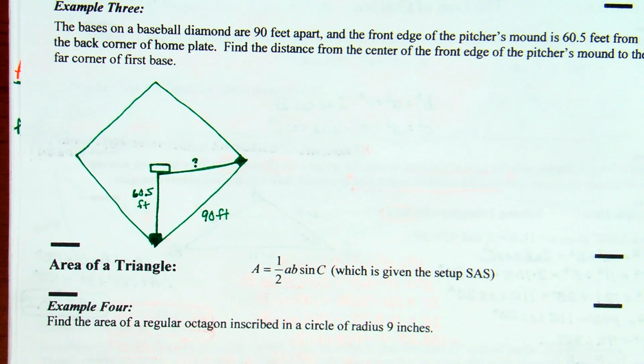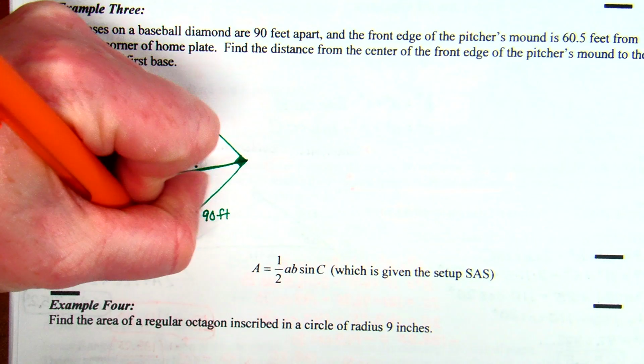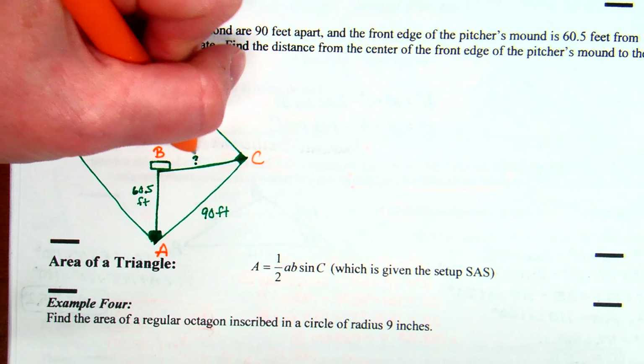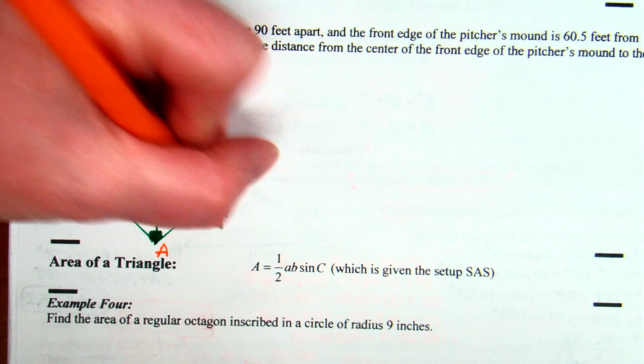I don't know that it really matters. I'm doing A is home, pitcher's mound is B, first base is C. If that's the case, that means I'm trying to find side A. I know that side B is 90 feet, and I know side C is 60.5 feet.